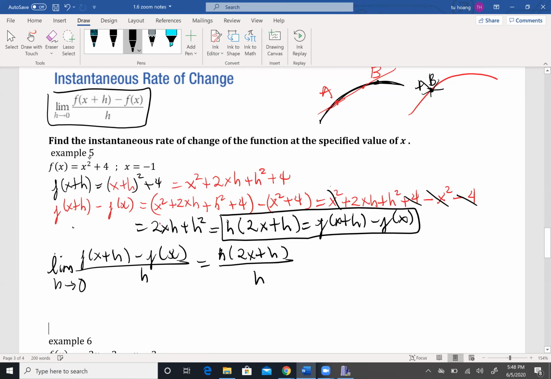Oh, I forgot the limit. Why did I forget this? Limit as h goes to 0 of h times (2x plus h).